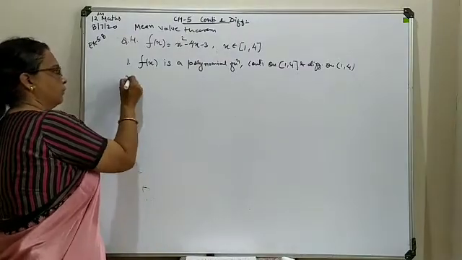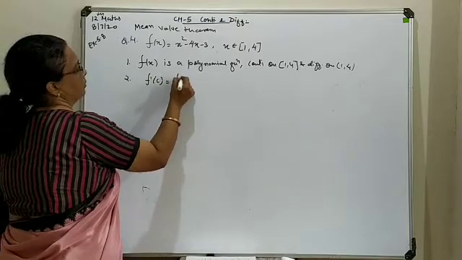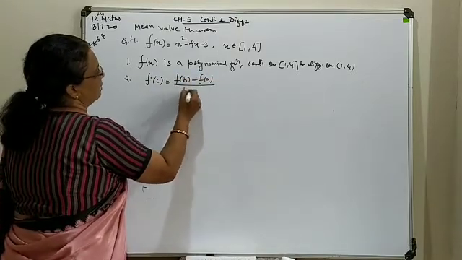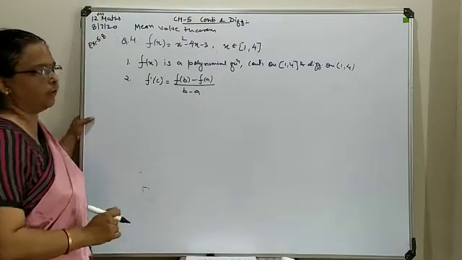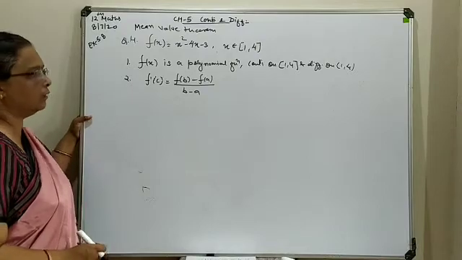Now the second step was f dash c is equal to f of b minus f of a upon b minus a. We have to find c in such a way that it lies in between the open interval 1 and 4.